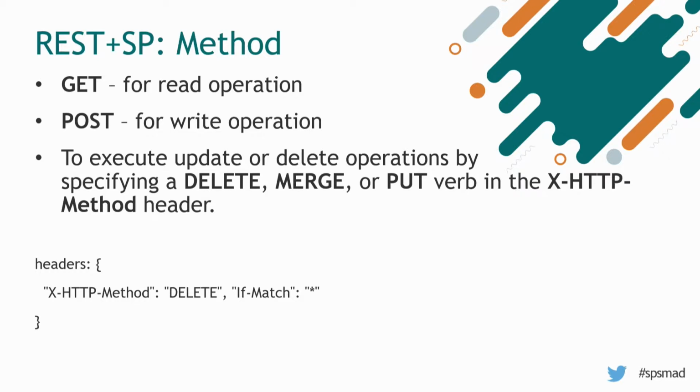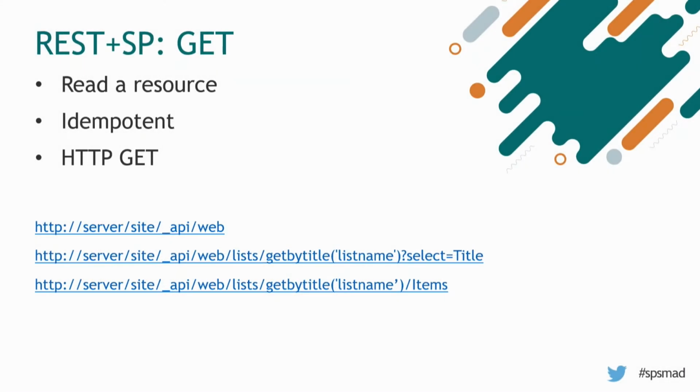OK, so right now, the most simple way to execute a REST query. We are just going to open our browser, paste the correct URL, and that's done. OK? We are executing our first REST query. The browser will handle all the authentication stuff, etc. But that's the most simple way.